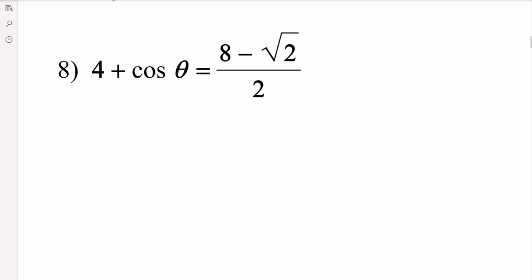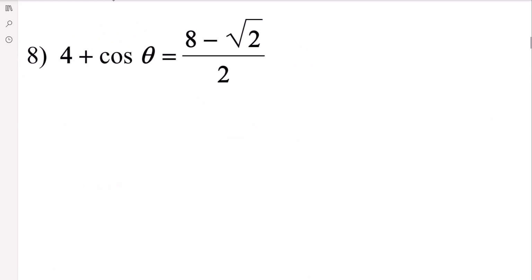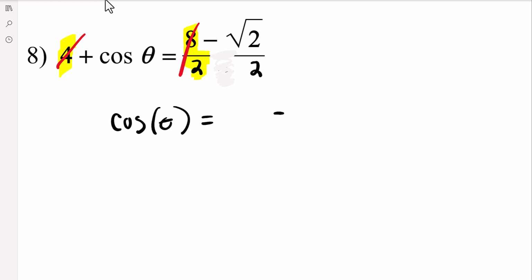All right? This is going to be like the one that we did before. We're going to pretend like it doesn't exist like this. And we're just going to write that as 2 fractions. And then 8 divided by 2 is 4. So those cancel each other out. And now we have cosine theta is equal to negative root 2 over 2.